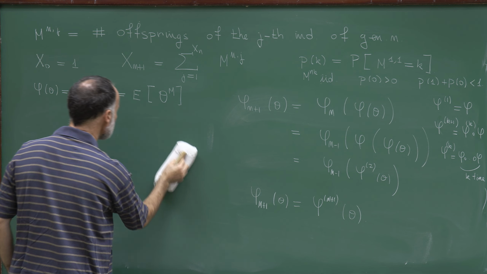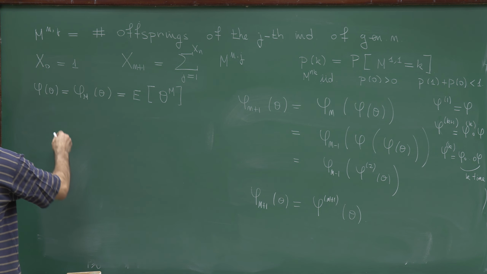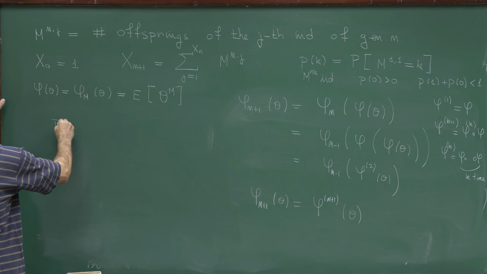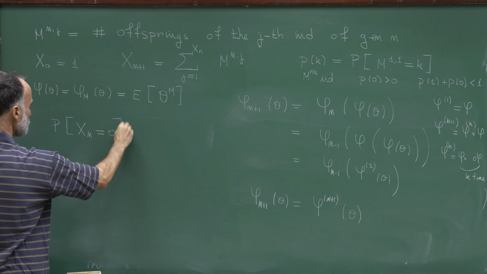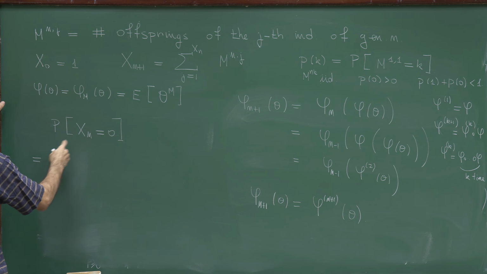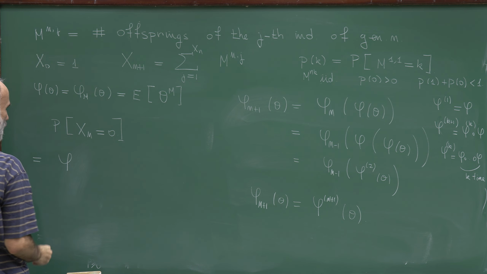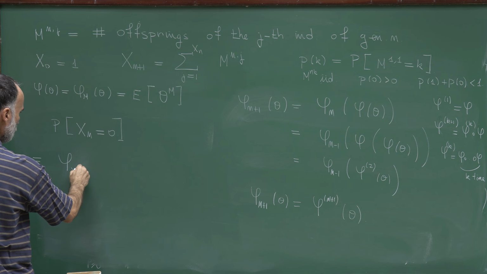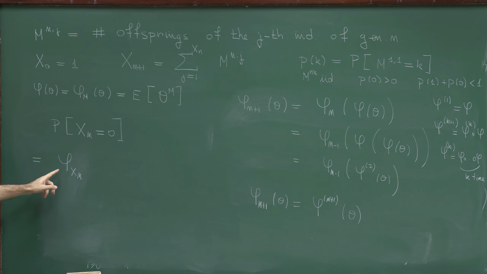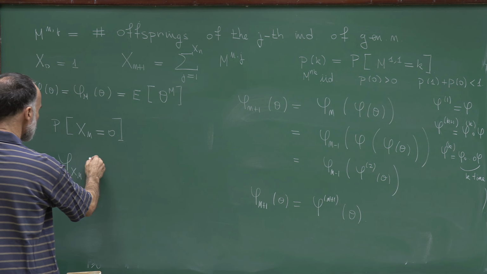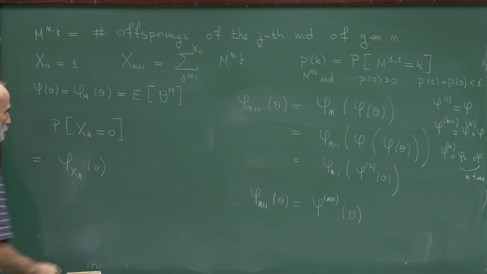So let's go back to the original problem. We want to investigate the limit of the probability that xn is equal to 0. But we have seen that this probability is actually the moment generating function of xn computed at 0.